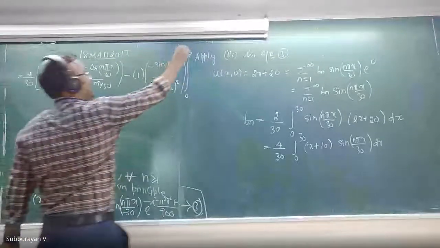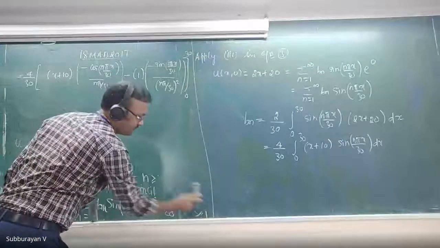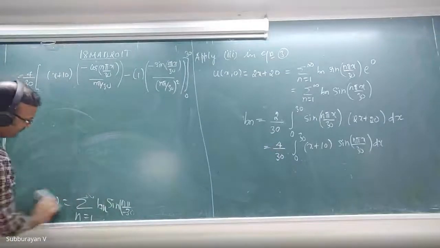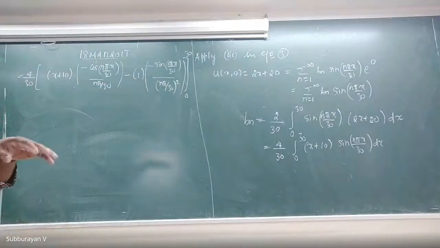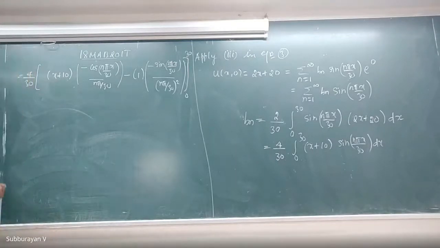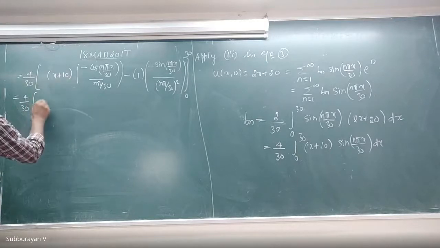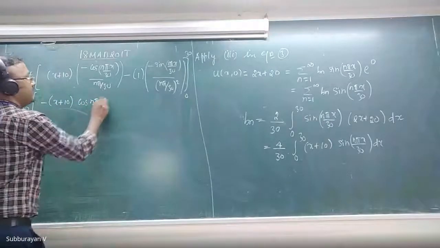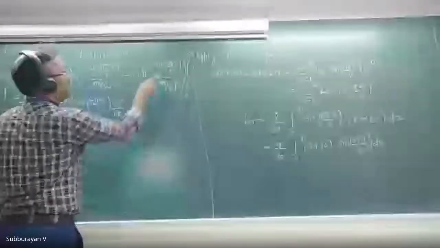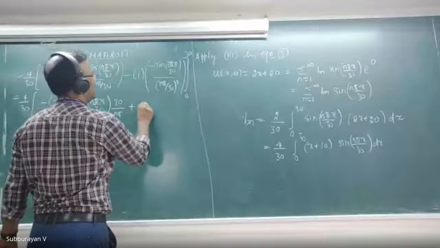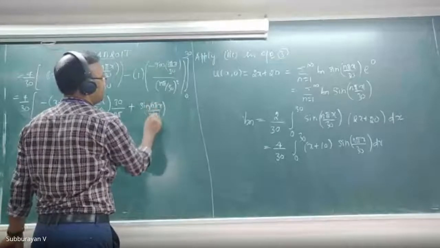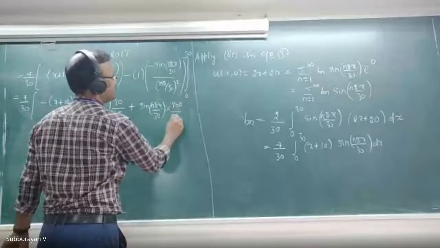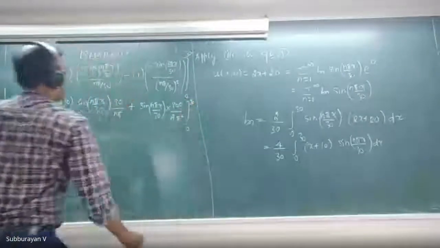Now rearrange this: 4 divided by 30, and then a minus of (x plus 10) into cos(n pi x by 30) into 30 upon n pi, and then minus into minus becomes plus sin(n pi x divided by 30) into 900 divided by n square pi square, from 0 to 30.